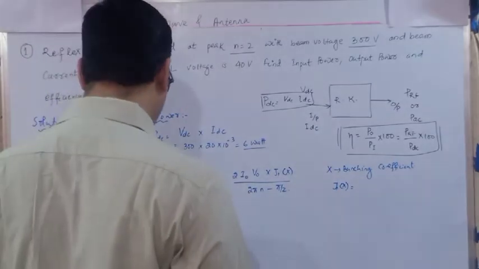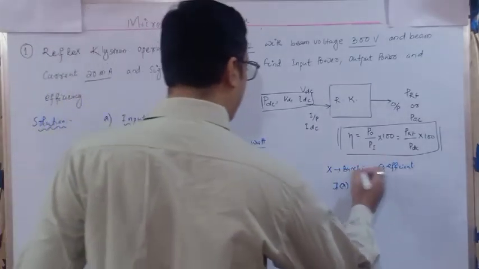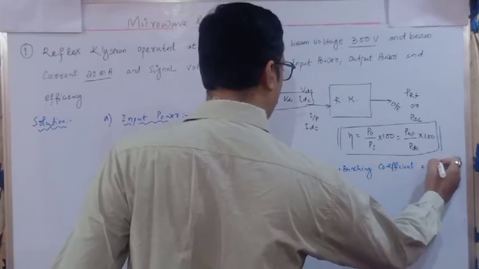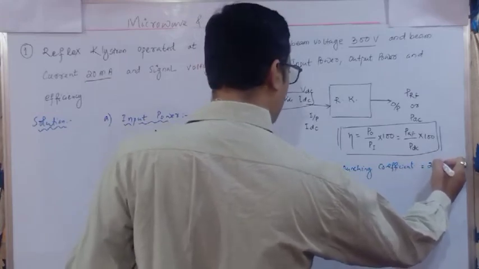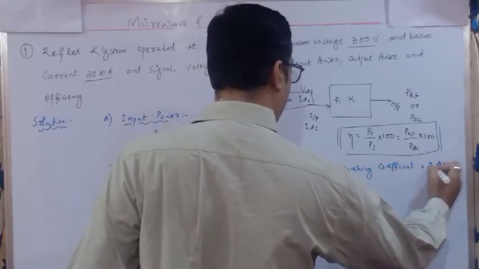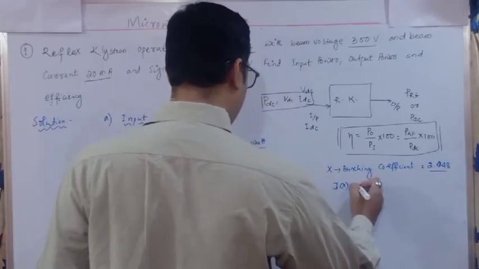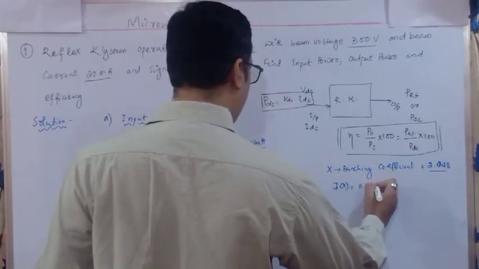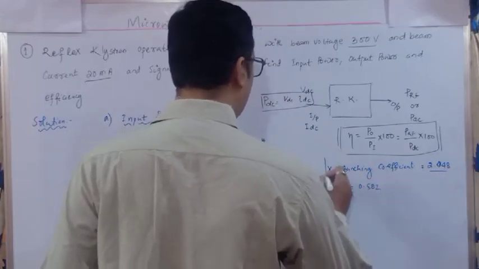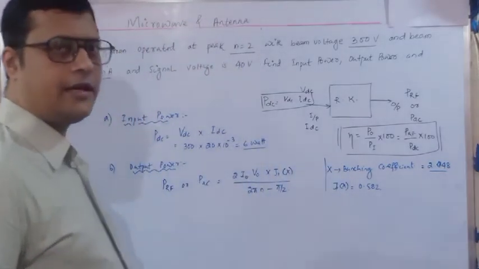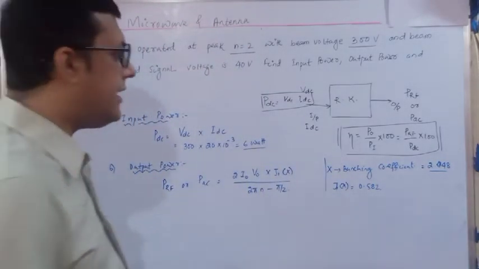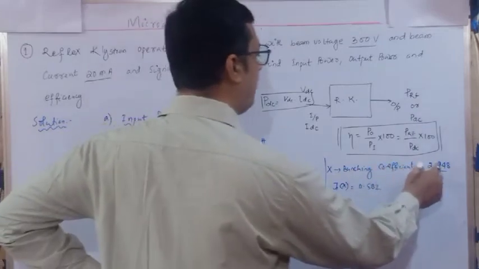So I am giving you these values: x value is 2.048 and J1 of x is 0.582. These values will be given to you. If values are not given, directly consider the x value as 2.048.